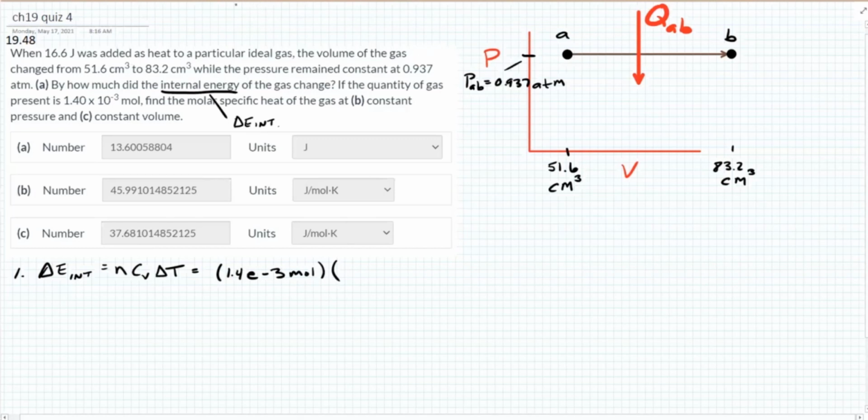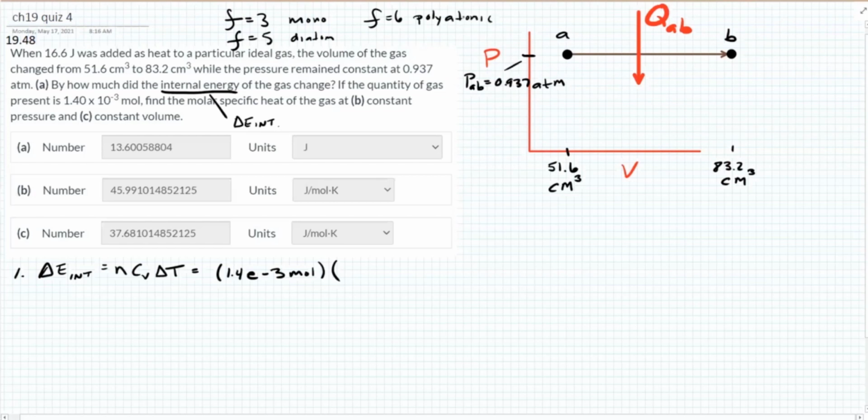So right now I'm asking, is F equal to 3, which would be a monoatomic gas, or is F equal to 5, which would be a diatomic gas, or is F equal to 6, which would be a polyatomic gas, which we haven't covered, but we will.